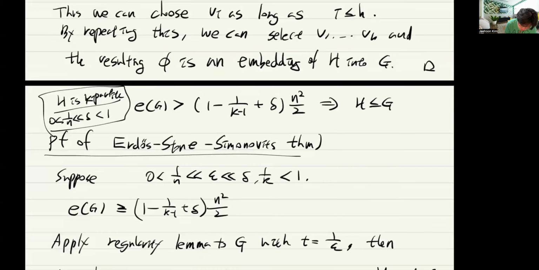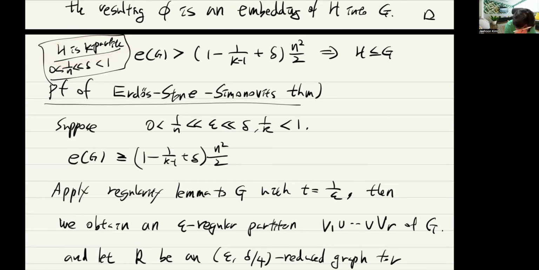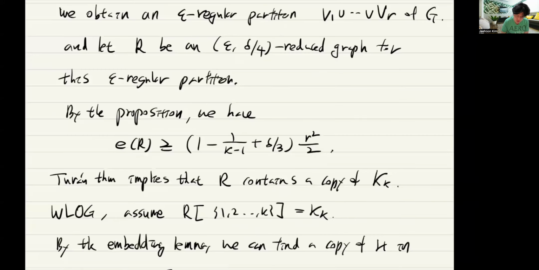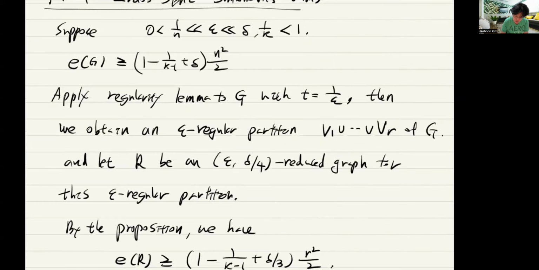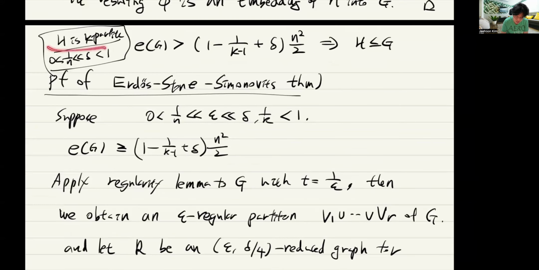So this essentially shows that if you have a k-partite graph, then finding such a graph in G is just as difficult as finding a copy of K_k, up to small order terms. This gives you an idea why finding H is just as difficult as finding a copy of K_k.